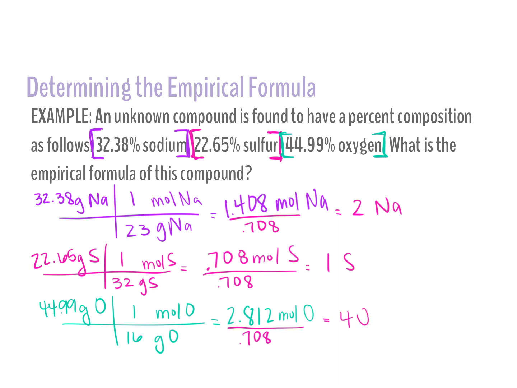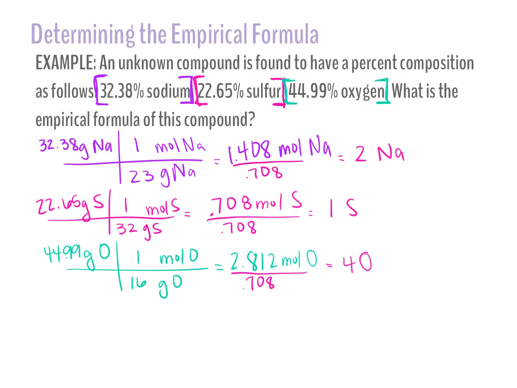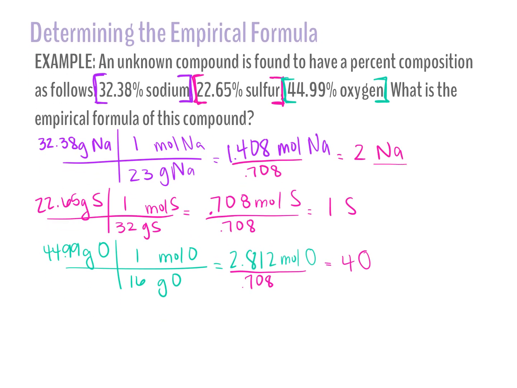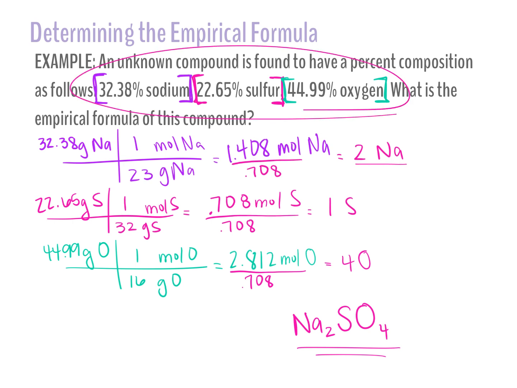So I need 4 oxygen atoms. And so the way I now build my formula is I say I need 2 sodiums, Na2. I need 1 sulfur atom, and I need 4 oxygen atoms. We built the formula Na2SO4, okay, sodium sulfate. So this unknown compound that we started with ends up being sodium sulfate.